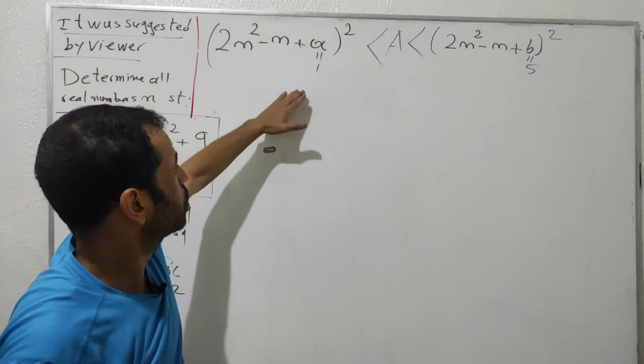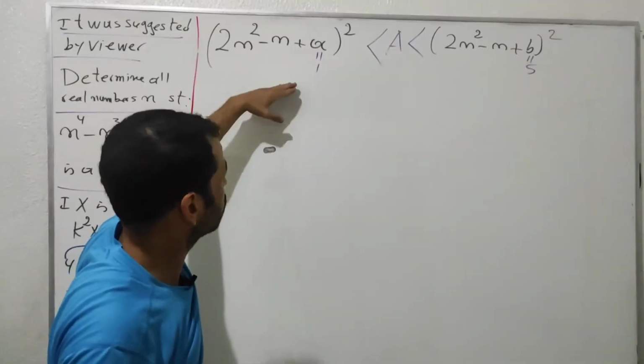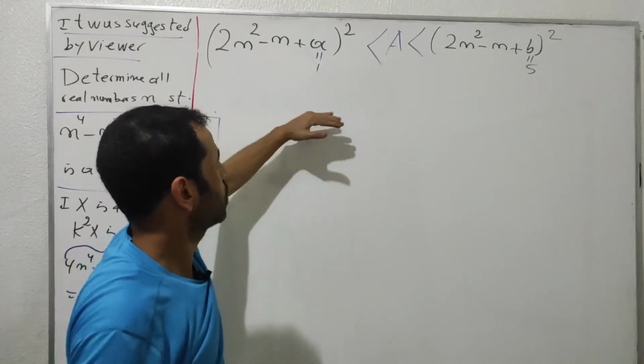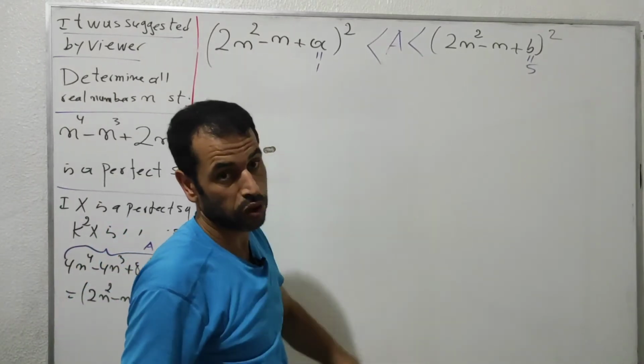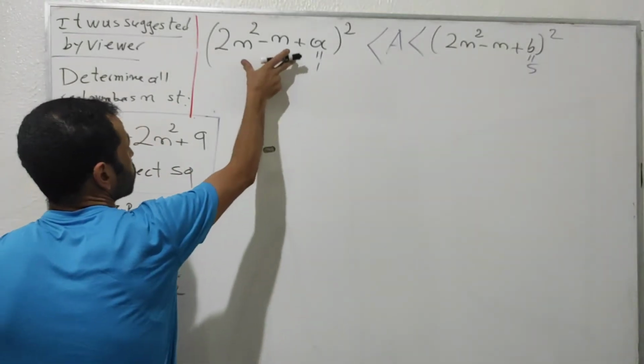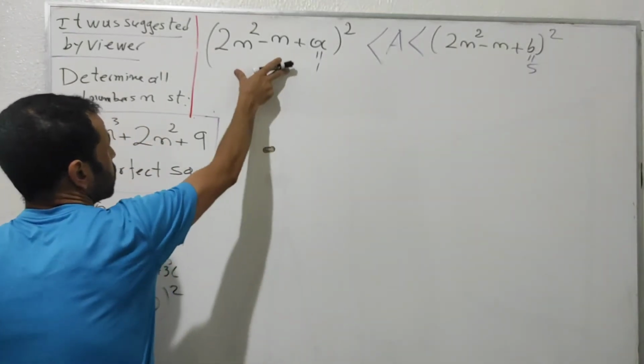Now we are going to make the comparison between this term and this term to check whether the number that we have satisfies this inequality or not. Okay, so now I'm simply going to expand this one as I did previously.